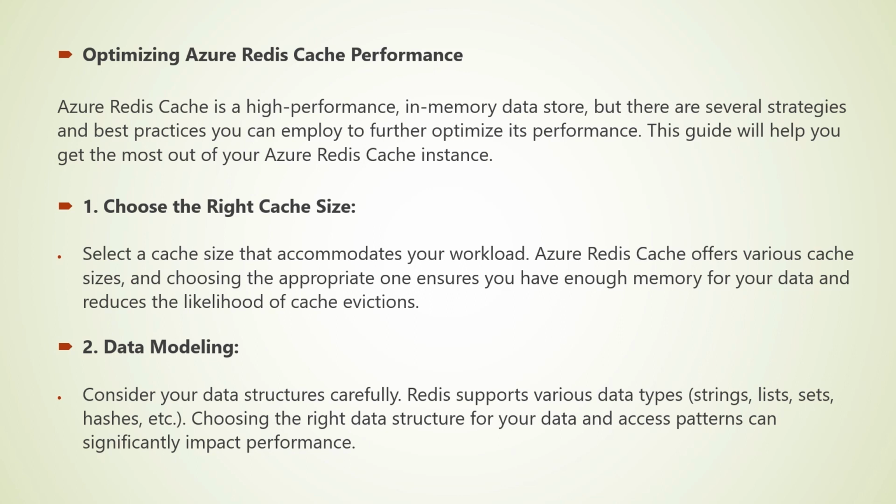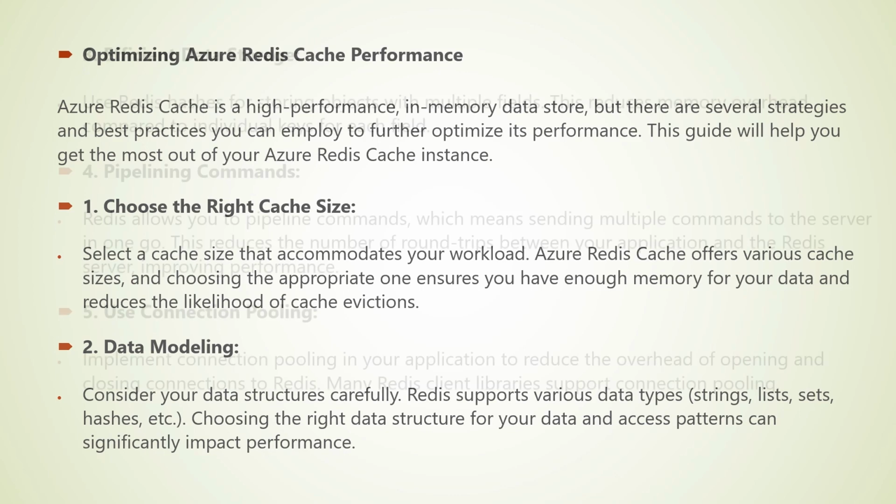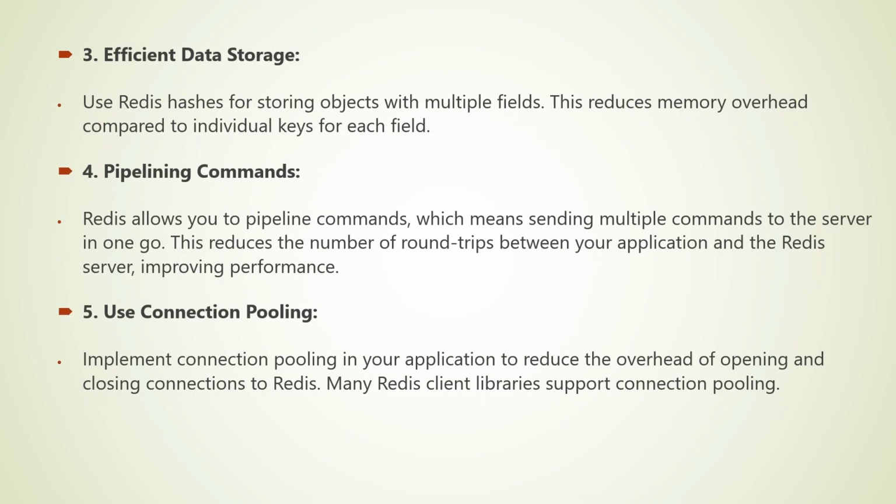Data modeling. Consider your data structures carefully. Redis supports various data types: strings, lists, sets, hashes, etc. Choosing the right data structure for your data and access patterns can significantly impact performance. Efficient data storage.